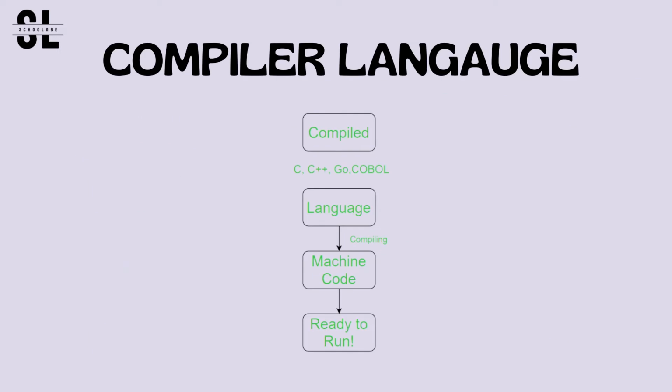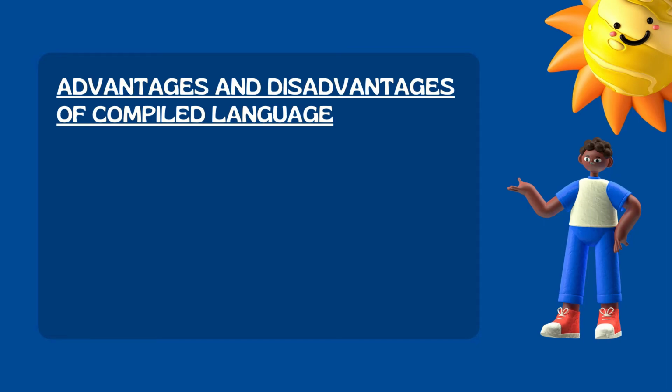Upon processing the high-level code, the compiler produces a machine code, and eventually the same machine code gets executed by the machine and we get our output. So here we learned about compiled language, its feature, and how a program in a compiled language gets compiled and executed on a machine.